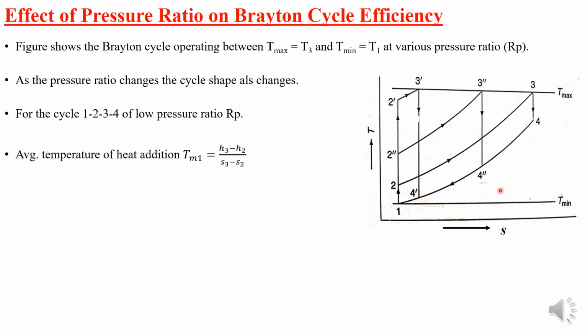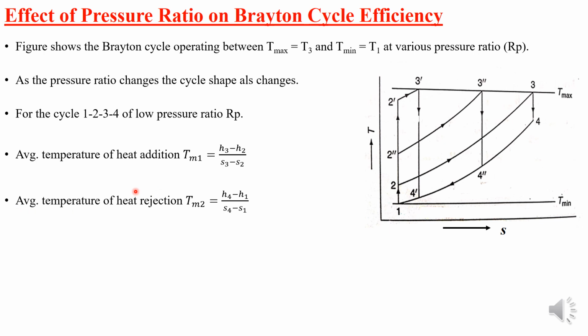The average temperature of heat addition is given by Tm1 equals H3 minus H2 divided by S3 minus S2. This is the expression for the temperature of heat addition. Similarly, the temperature of heat rejection is given by Tm2, which is H4 minus H1 divided by S4 minus S1. This is the average temperature of heat rejection.